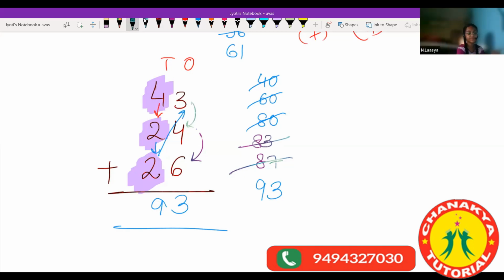In this way, you are simply moving with the flow. Understood? And you don't even need to write the expanded form.